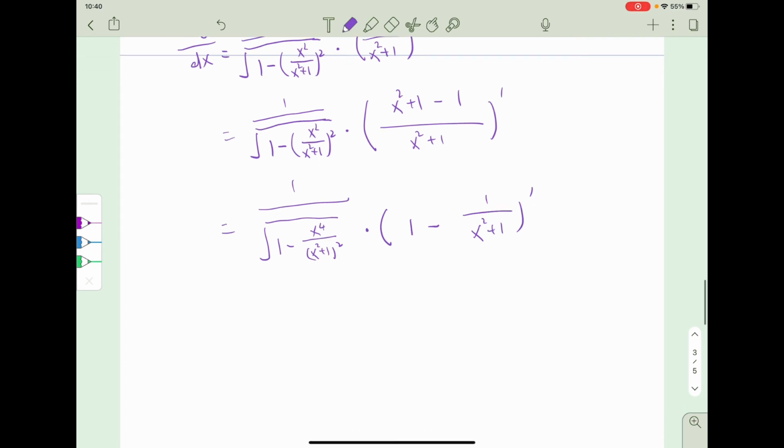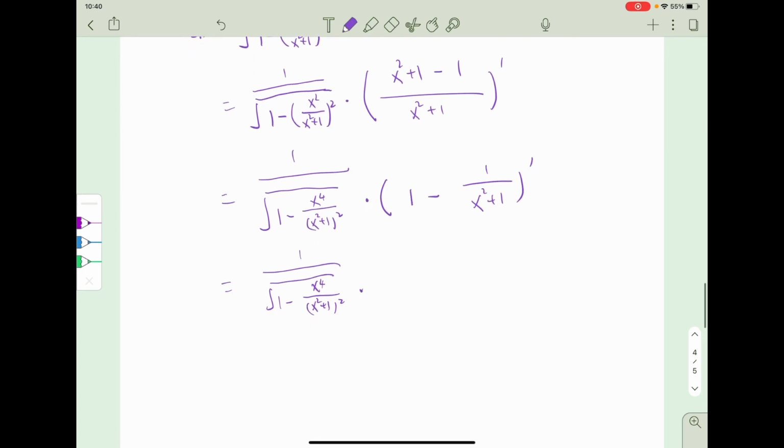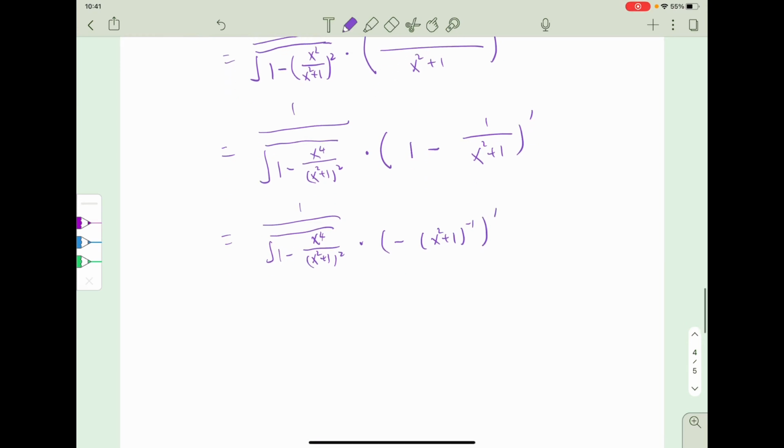The advantage of rewriting this is that now you have a constant in the second factor whose derivative is just 0. So you can avoid using the quotient rule, which is complicated. So this becomes the negative of x squared plus 1 to the negative 1, derivative, right?